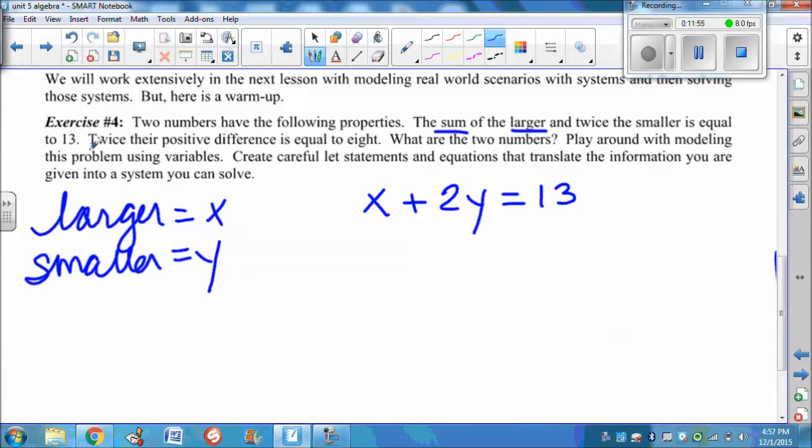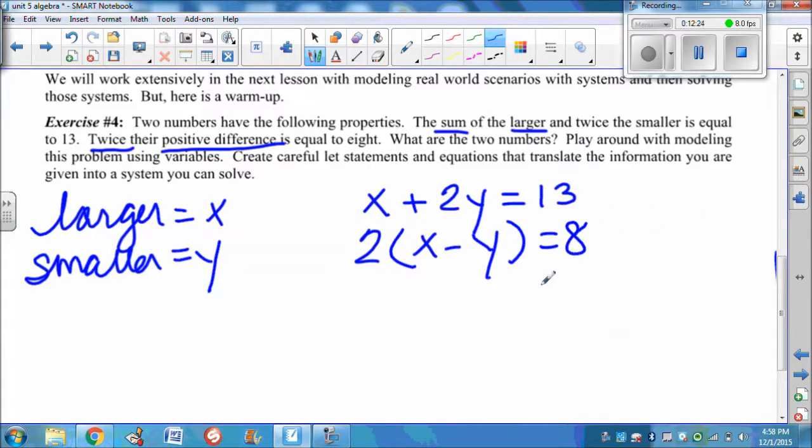The next sentence says twice their positive difference. The positive difference means the larger minus the smaller. If we did the smaller minus the larger, that'd be the negative difference. So twice the positive difference, larger minus the smaller, difference means subtract, is equal to 8. And what are the 2 numbers?